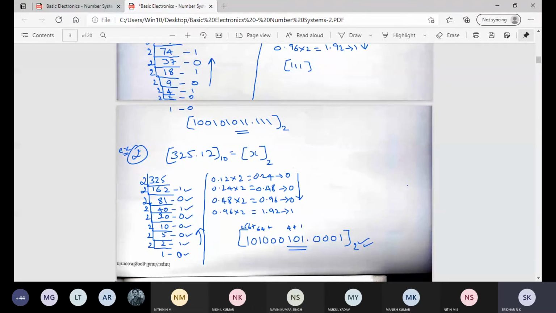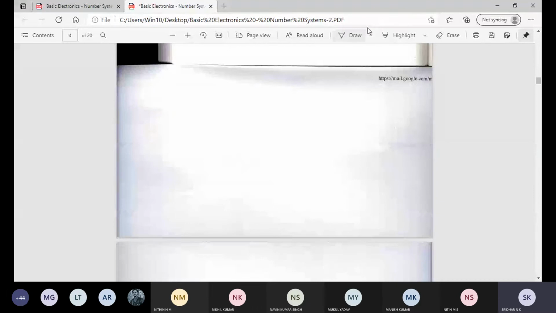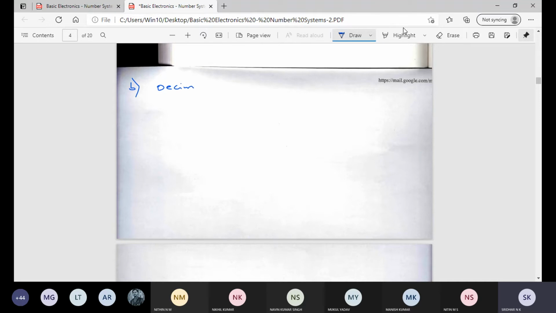So we'll move on to the second type of conversion in this procedure. What is the second type in this procedure? It is B. So it is decimal to octal.